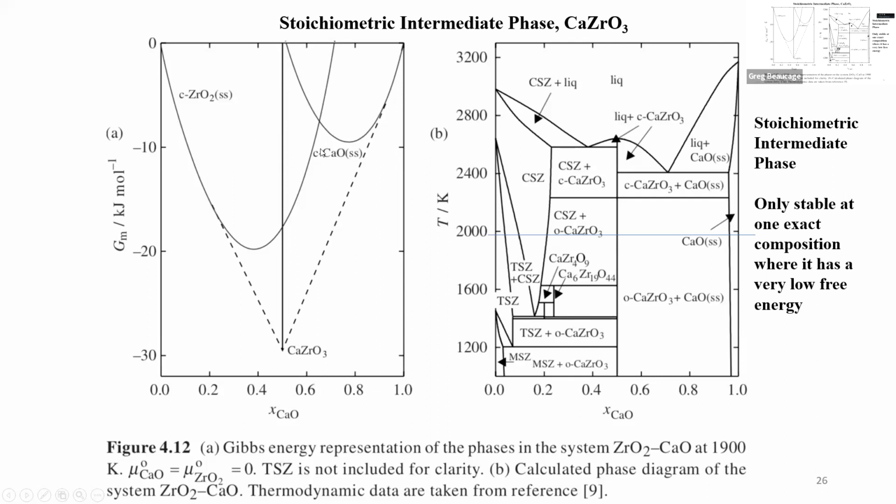So in the phase diagram, you could have a common tangent to this thing. It's a point, but it has a common tangent. If you draw a line tangent to the zirconia, and a line tangent to the calcium oxide, then you have a region of equilibria between the calcium oxide and this intermediate phase.